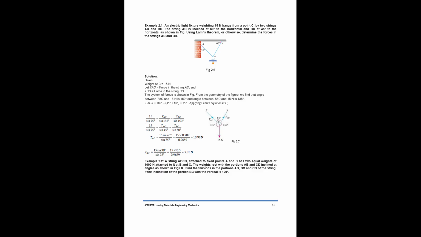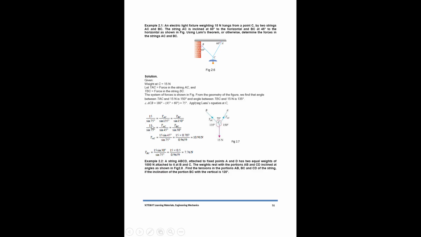Now we can apply Lami's theorem here. So 15 divided by the sine of the angle between the other two forces, sine 75 degree, is equal to TCA upon sine 135, that is equal to TCB upon sine 150. These three equations we have. Now we know 15 is constant and sine 75 degree is also constant.